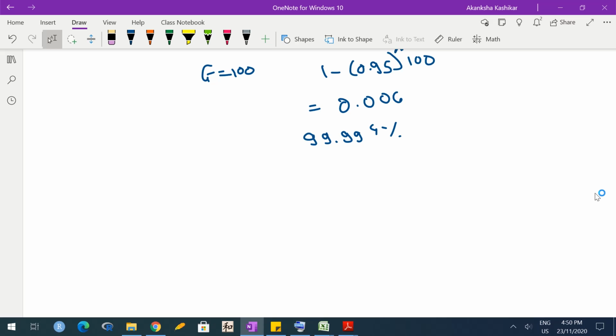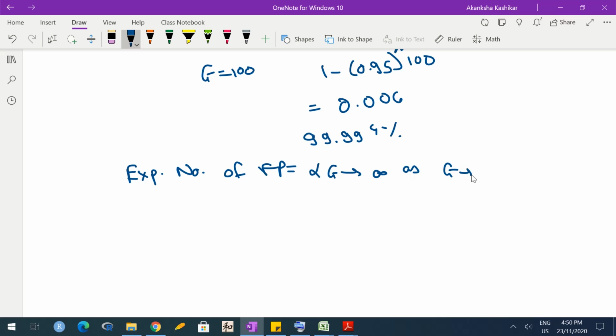Right? And as we mentioned above, the expected number of false positives is alpha times G, which also goes to a very big number. So this goes on increasing, it goes to infinity as G goes to infinity.